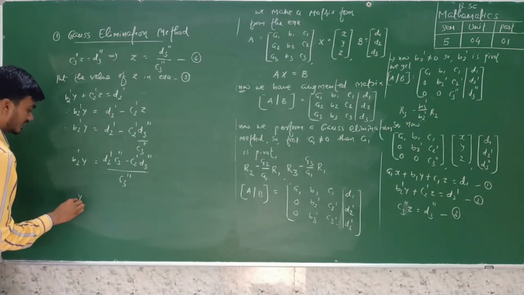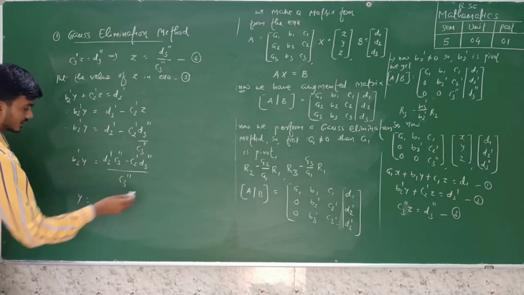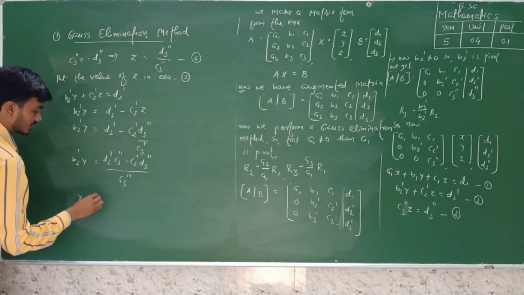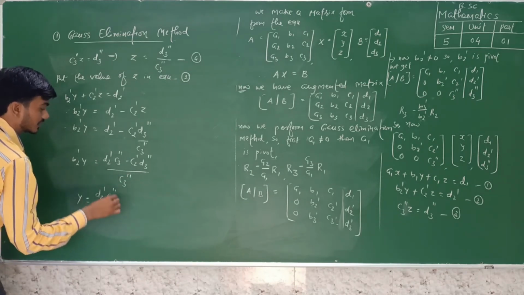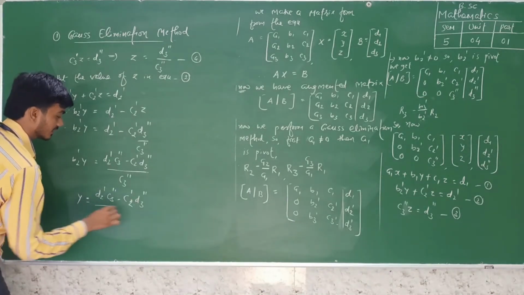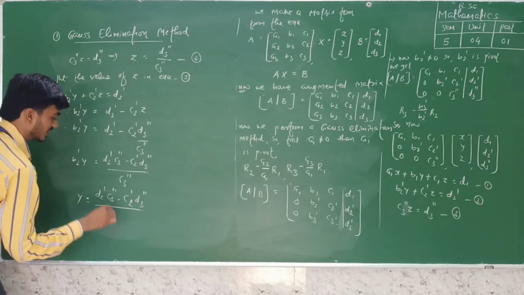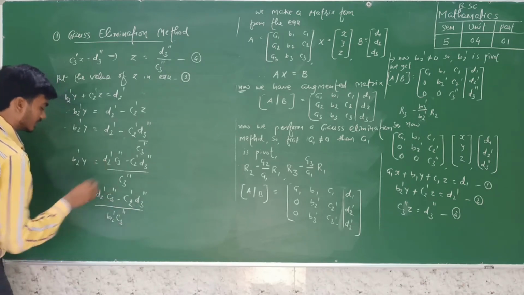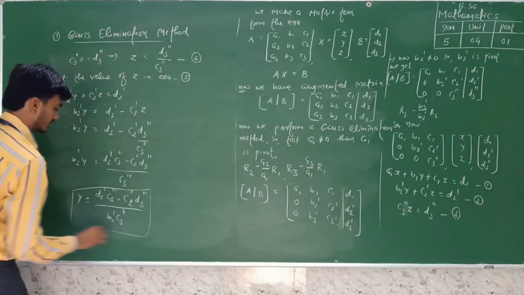We can find the value of Y. B2 dash goes to the other side, so it becomes division. So this is the value of Y: (D2 dash C3 double dash minus C2 dash D3 double dash) upon B2 dash into C3 double dash.